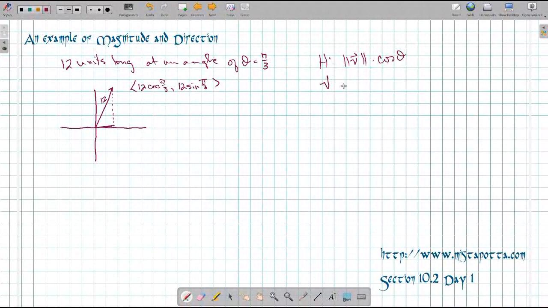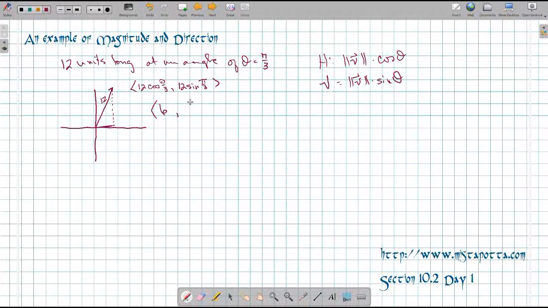And my vertical component is going to be equal to the magnitude times the sine of theta. Now, of course, I know that cosine of pi over 3 is 1/2, so this is really 6.